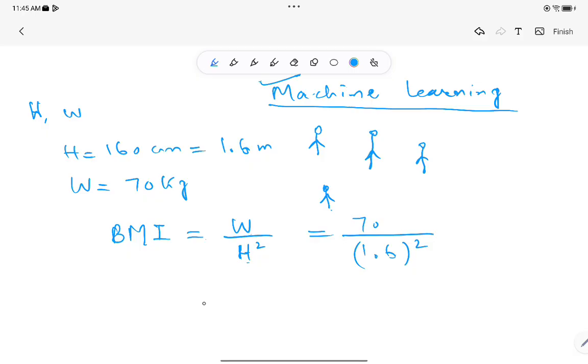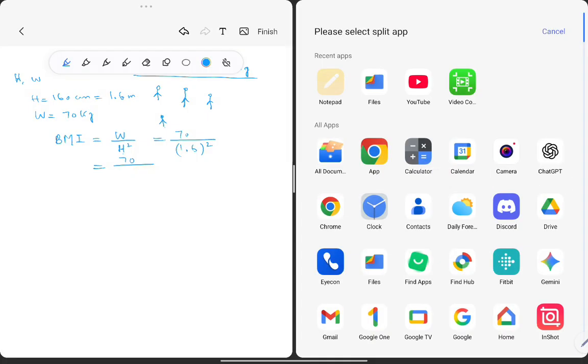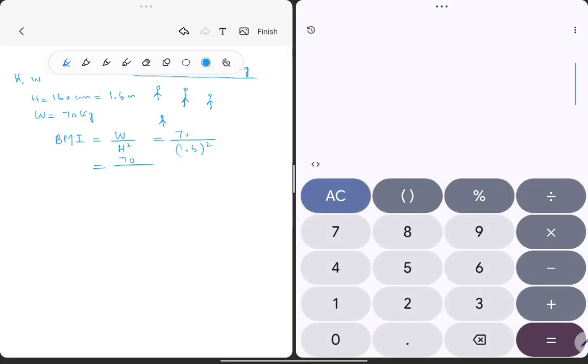Now, when I carry out this division, it is 70 divided by 1.6 squared, meaning 1.6 times 1.6. That we know, but for those who don't know it, here is a calculator. 1.6 times 1.6 gives us 2.56.